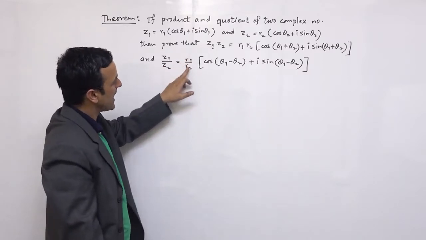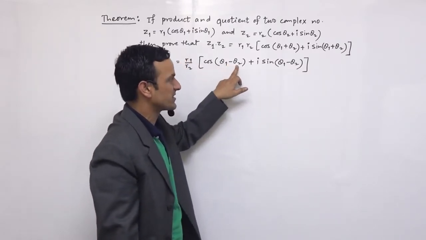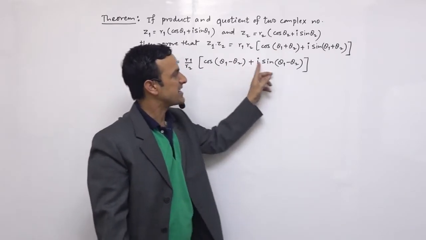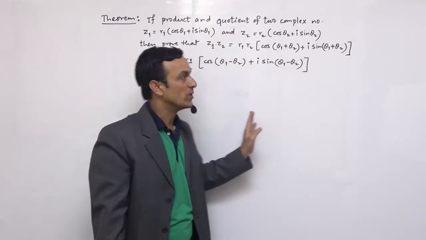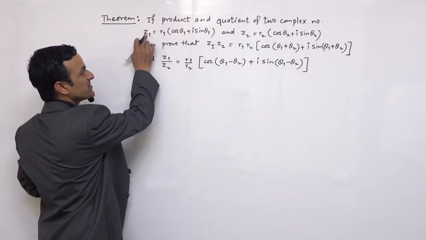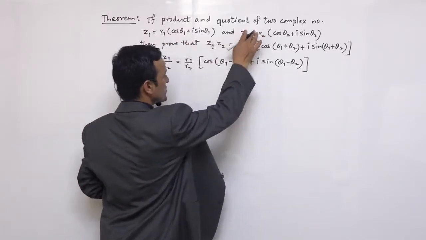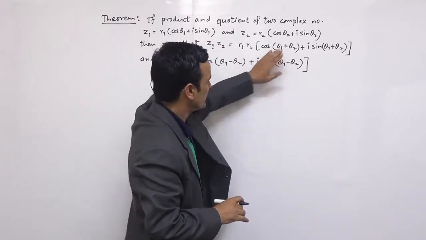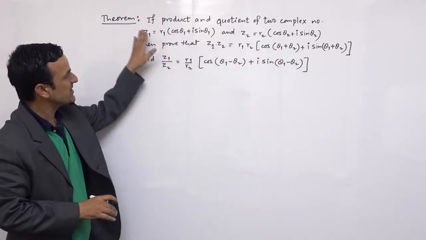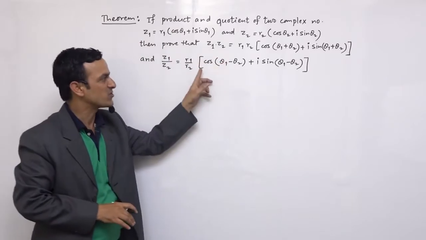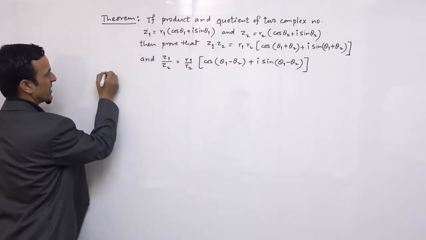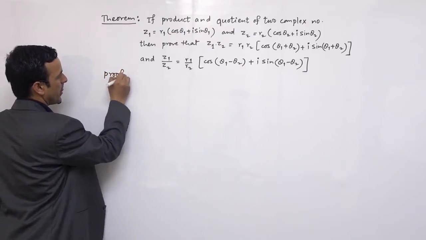So r1 by r2 cos theta 1 minus theta 2, here is plus, here is minus, plus i sin theta 1 minus theta 2. So we have given z1 and z2. So from this product we can show this relation, and by dividing Z1 by Z2, we can show this relation. So let's see this theorem, its proof.